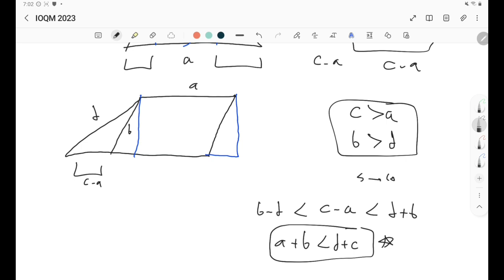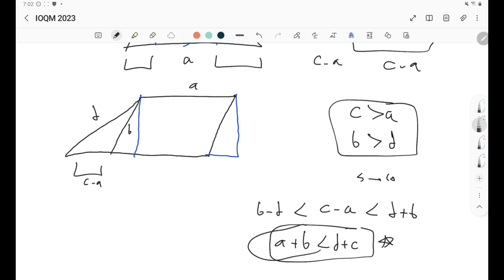So now we just need to count how many A, B, C, D, such that C is greater than A, B is greater than D, and as we know, they are distinct and they are in the set from 5 to 10, such that A plus B is less than C plus D. Basically, you can just think about A and C, and you can figure out the other values. You can simply do a discussion of cases, and that will be the idea.